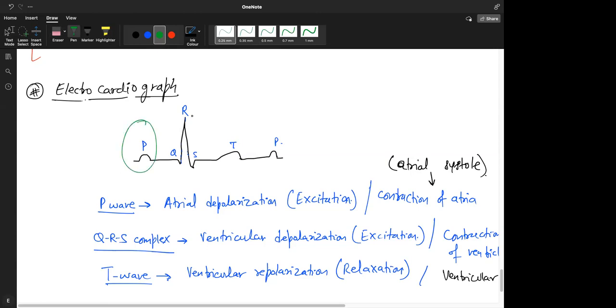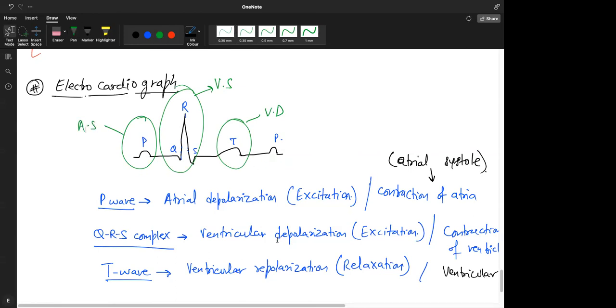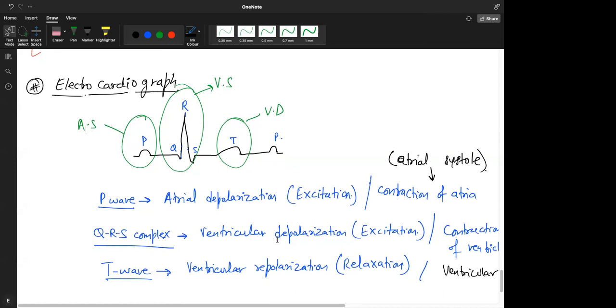So we have one phase this, one phase this, and one phase this. This is for ventricular systole, this is for ventricular diastole, and this is for atrial systole. Is this clear, Devangi and Niram? This was your ECG that you needed to know about.